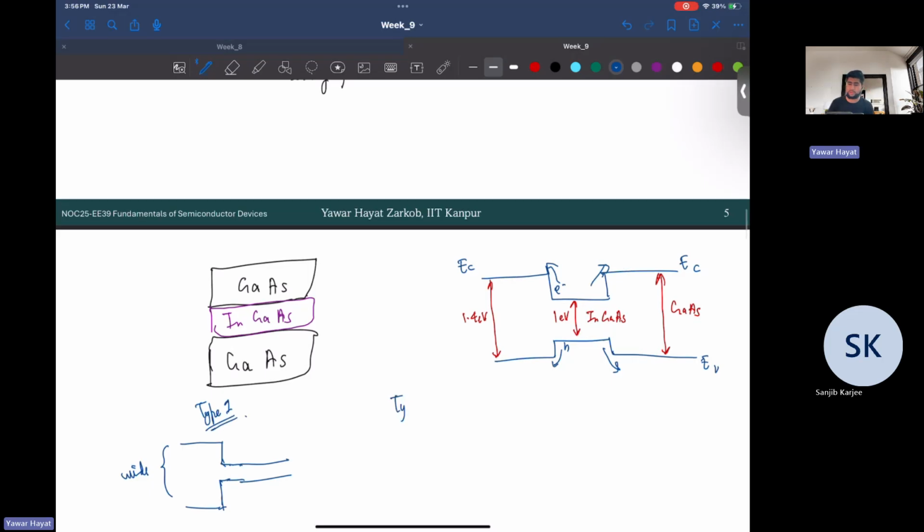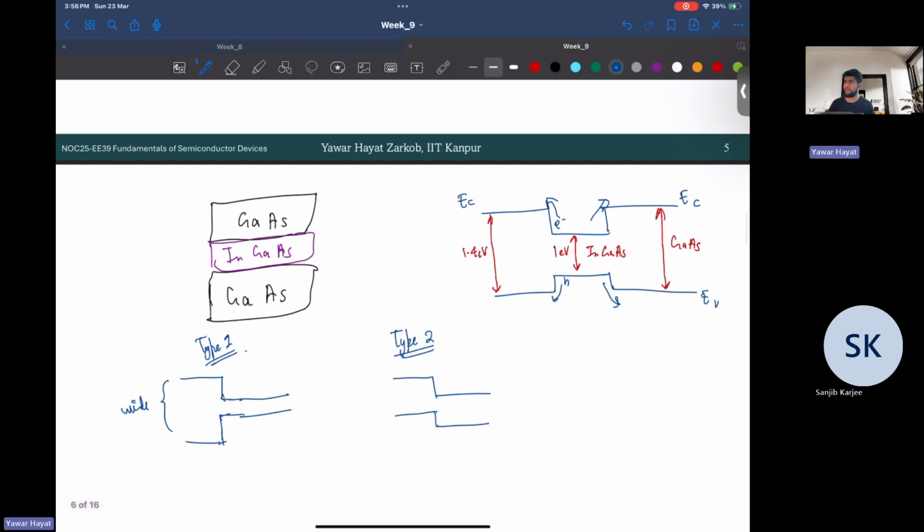And then you have type 2, staggered alignment, which looks something like this. And then you have broken gap, which is type 3. This is your Eg1, this is your Eg2.